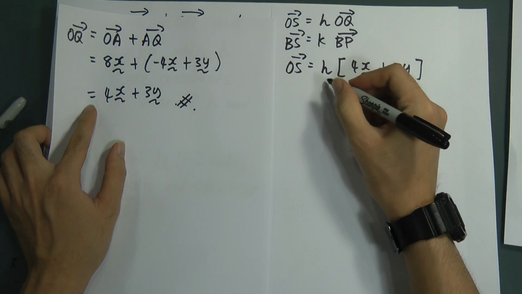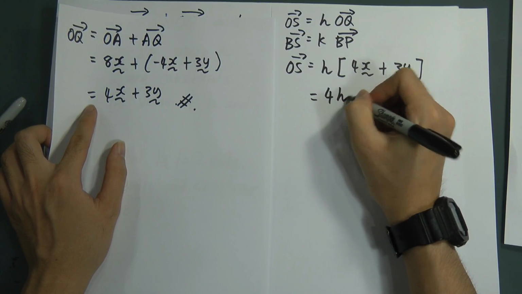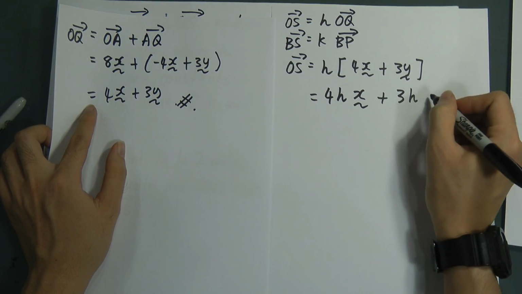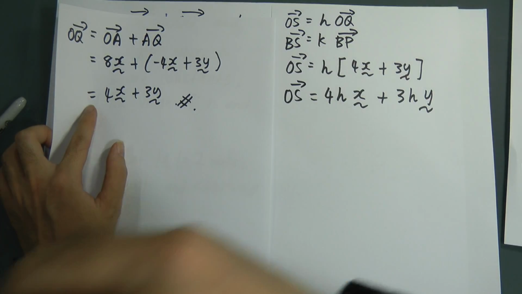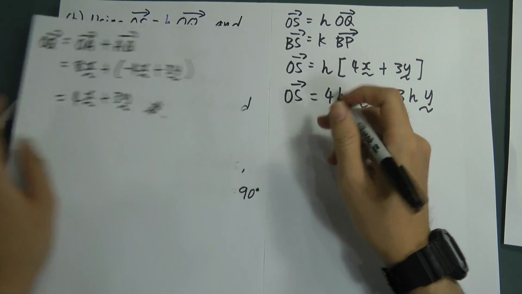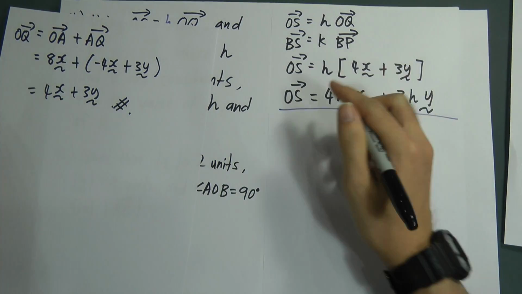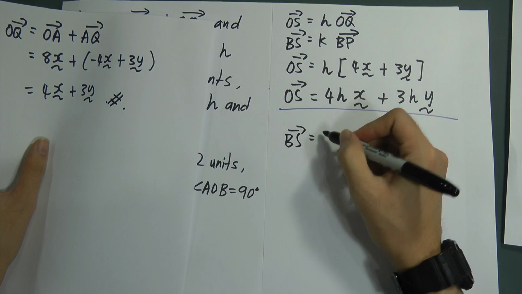Then I multiply the H into both, we get 4hx plus 3hy. This is for OS. Let me draw a line for it. And then we want to find BS, which equals KBP.